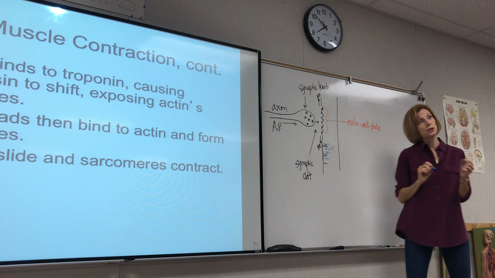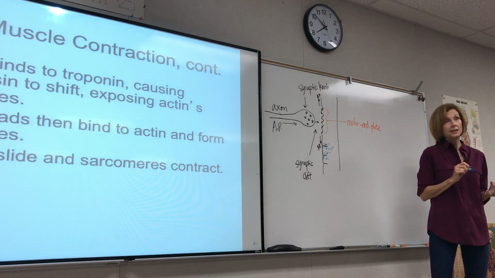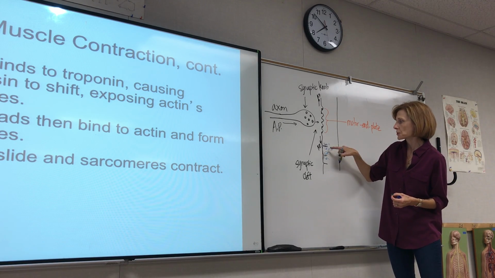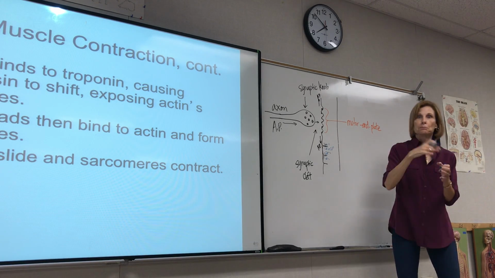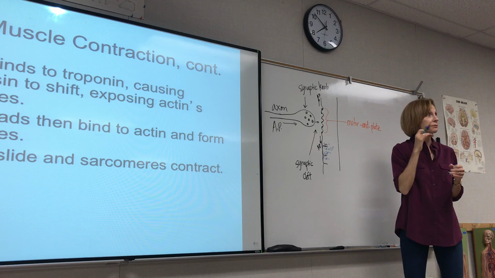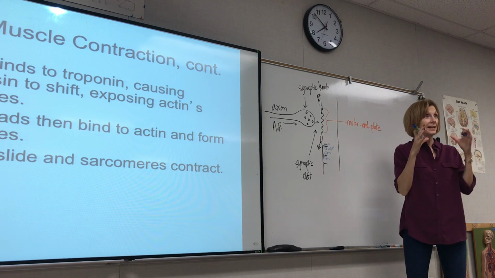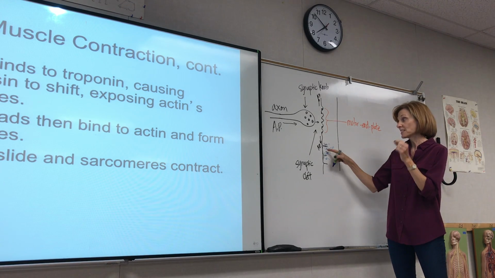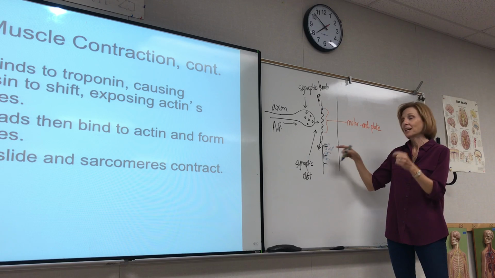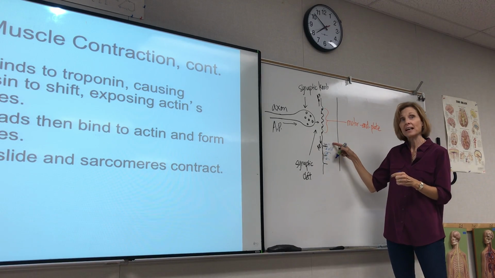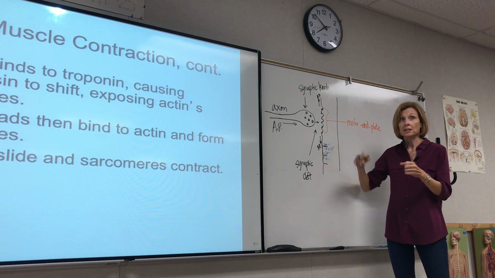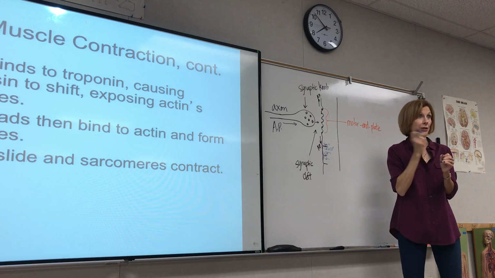We have what are called calcium pumps that are in the membrane of the sarcoplasmic reticulum, and they keep moving the calcium back in. They're very efficient. They can store 2,000 times more calcium inside these tiny little sacs than we have out in the sarcoplasm. So they push the calcium back in very quickly.